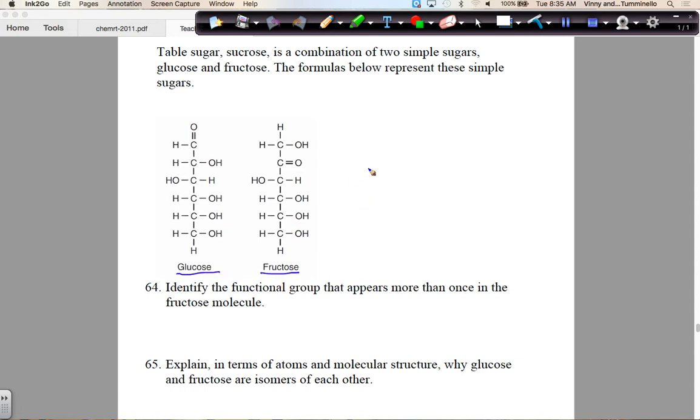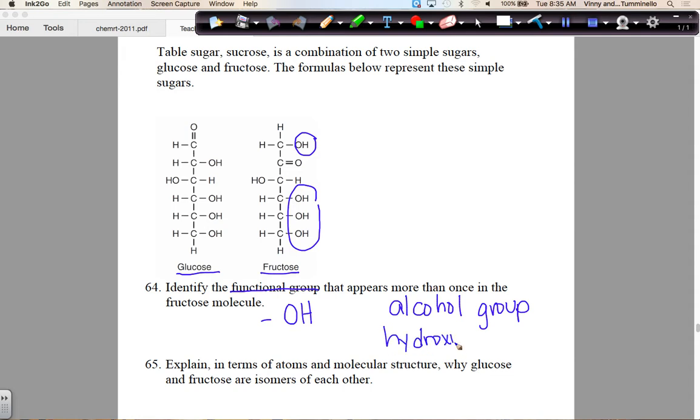The formulas below represent these simple sugars. Identify the functional group that appears more than once in the fructose molecule. So the fructose molecule has all of these OH groups, and so the answer to number 64, you can say that it is the alcohol group, or you can also call it the hydroxyl group because that's the name of the OH group.